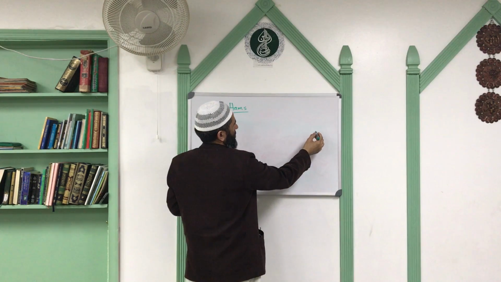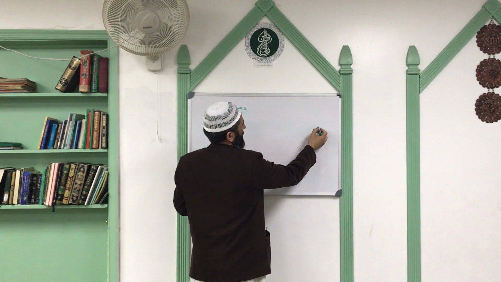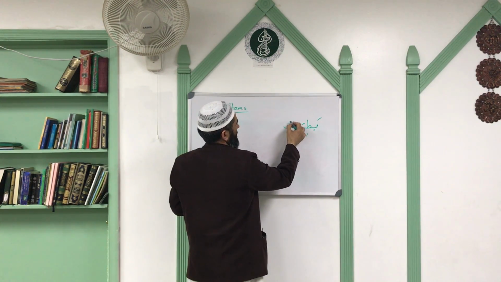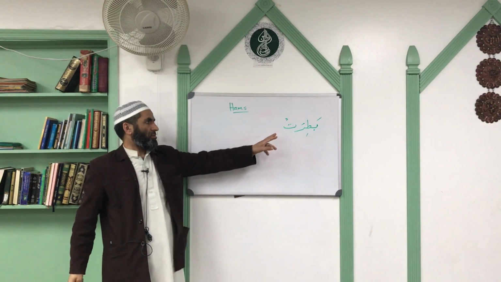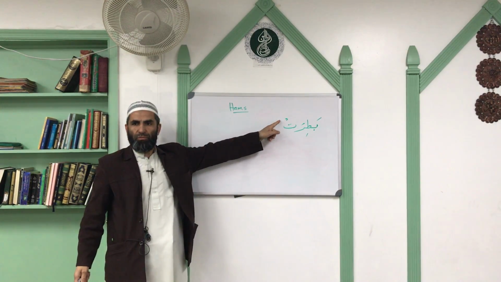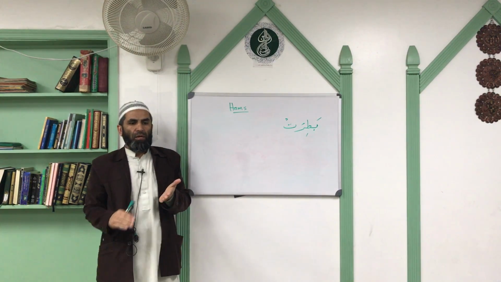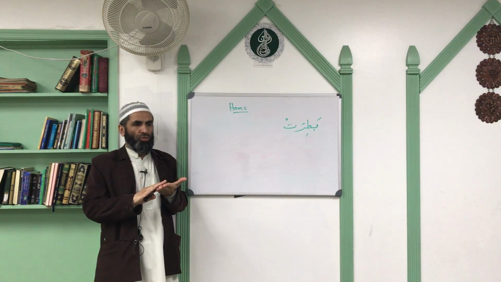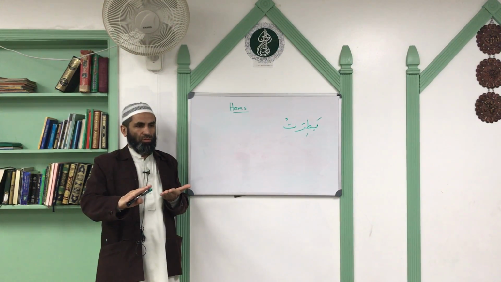I'll give you an example. For example, if you say batirat, this ta, when it has sukun, when you stop on it, you don't close the makhraj totally, but you let some air flow.